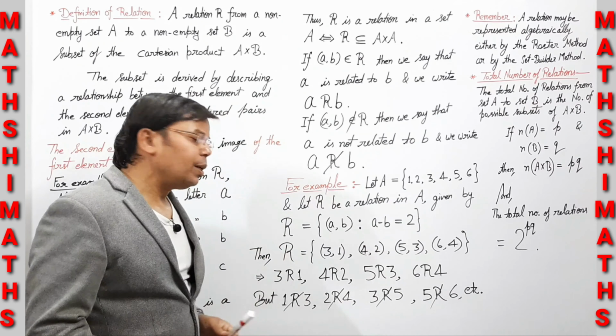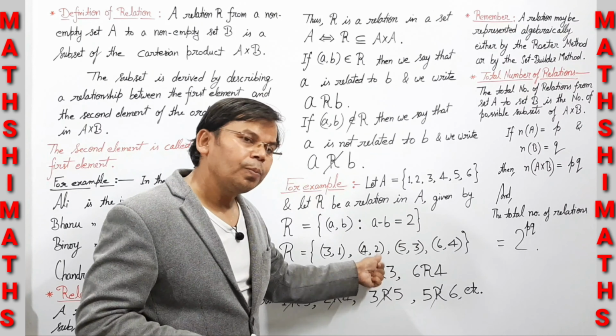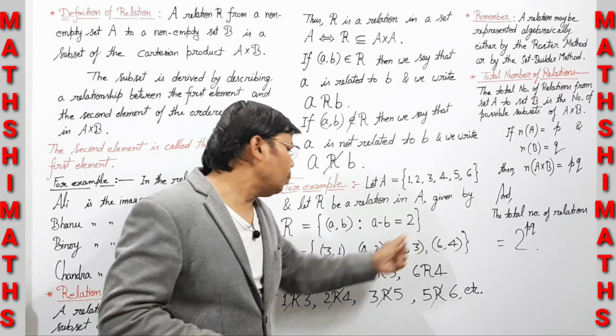Then all the ordered pairs in the set R, which gives the relation, are (3, 1), (4, 2), (5, 3) and (6, 4). Because 3 minus 1 is equal to 2, 4 minus 2 is equal to 2, 5 minus 3 is equal to 2, 6 minus 4 is equal to 2.